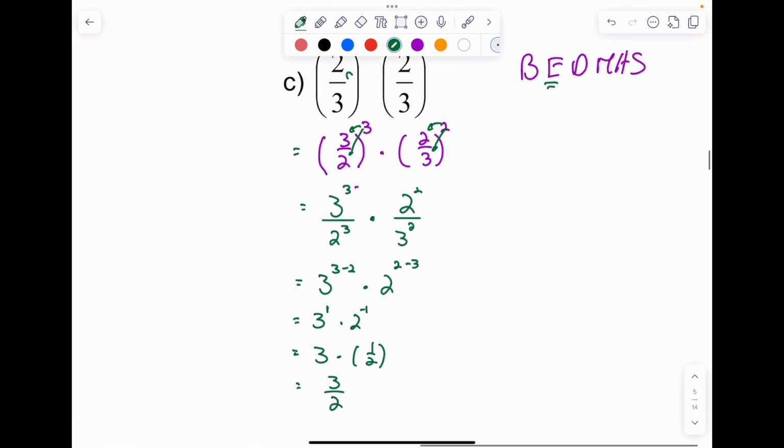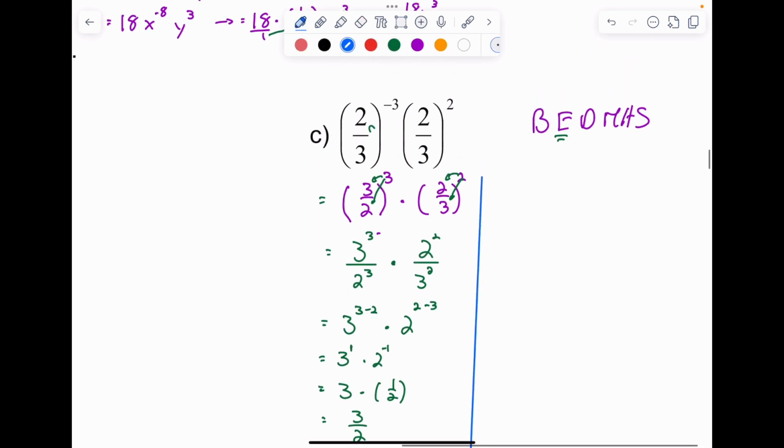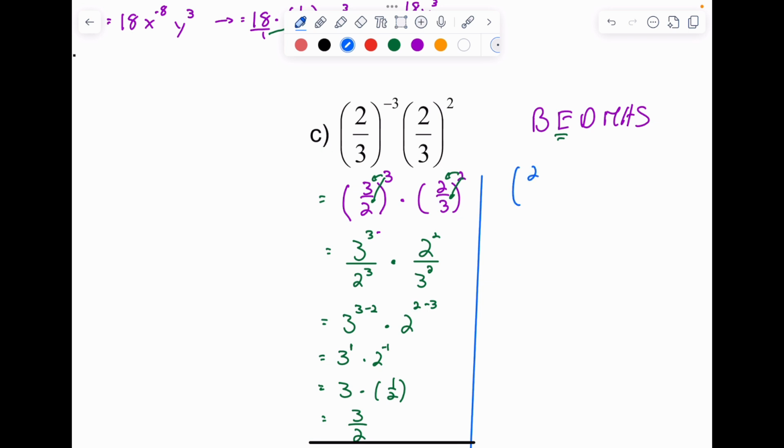See how that was one method to go? I know I cut myself off in the beginning there. I was going to show you another method. Doesn't matter, you get the same answer. At the very beginning, these are actually similar bases. You have 2/3 to the negative 3, multiplying 2/3 to the 2.